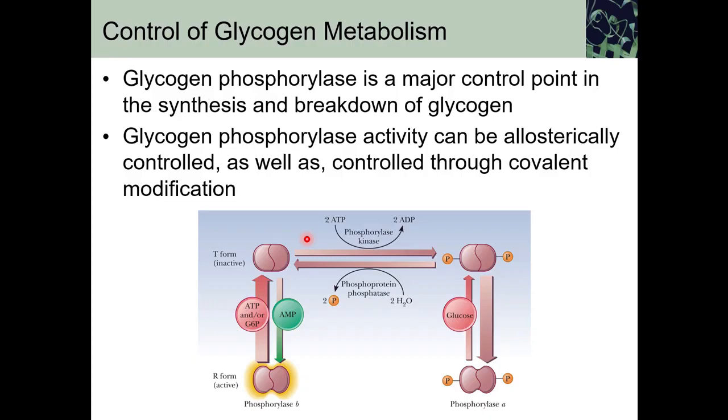Say, for example, you have this muscle that is doing a lot of strenuous exercise, and so the muscle has used up a lot of its ATP already, and therefore will have a lot of AMP in it. AMP is an allosteric activator of the T form of phosphorylase B, converting it into the active form.